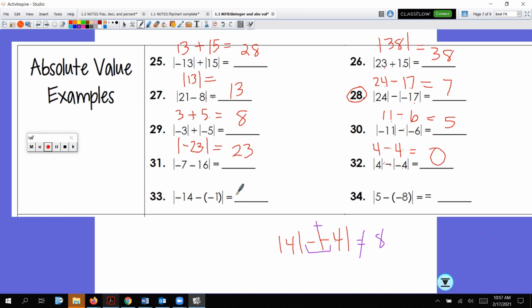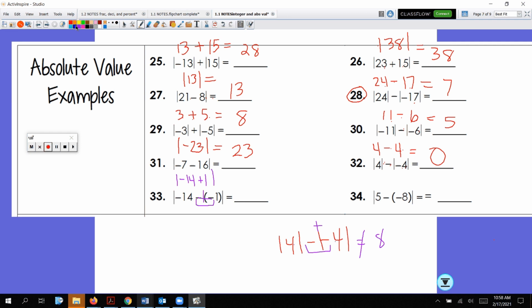All right, we have 2 more examples here. Holy business down here. There's a lot of stuff happening here. Look, everything is inside the bars, and now that double negative does apply because it's all in there together. So this becomes addition. So now I have the absolute value of negative 14 plus 1. And I'm sad that it's a 1 because right next to the absolute value now it looks like an 11.